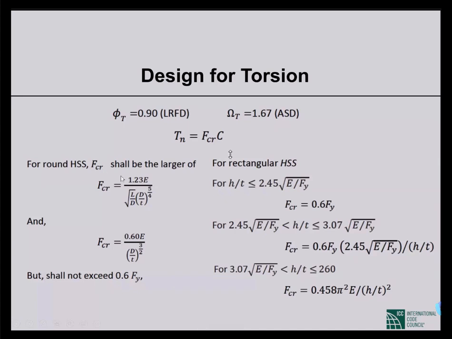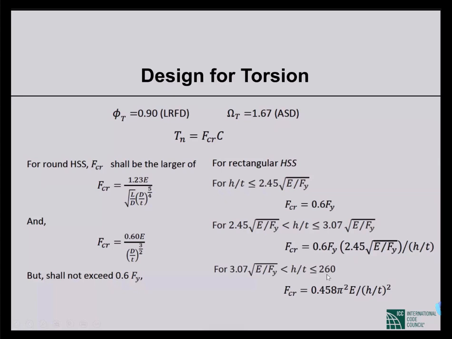For HSS there are some formulas given. For round HSS and for rectangular HSS, we have different formulas. For round HSS, we have two criteria, and we have to see which one is larger. And for rectangular HSS, it depends on the web slenderness ratio, the width thickness ratio.